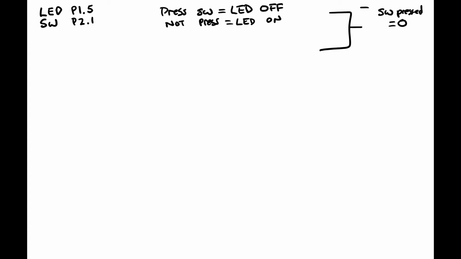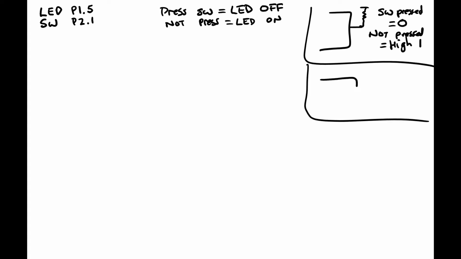So the result we'll get is a 0, low voltage. If it's not pressed, this essentially won't be connected at all, and we'll have this pull-up resistor here pulling it high. So if it's not pressed, it's a high voltage, or a 1. Okay, so that's the switch part first, then the LED part.